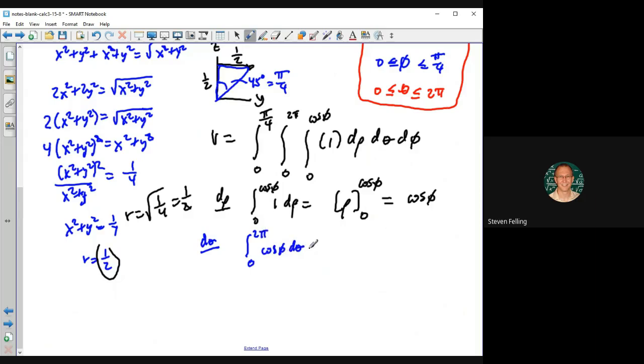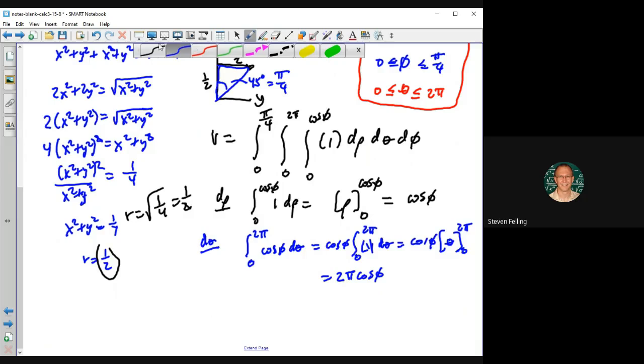While we're doing theta, cosine phi is just a constant, so it comes outside of the integral. It's just 1 d theta, so it's cosine phi times theta from 0 to 2 pi. So we're just going to end up getting 2 pi minus 0, which is 2 pi. So the result of this is 2 pi times cosine of phi.